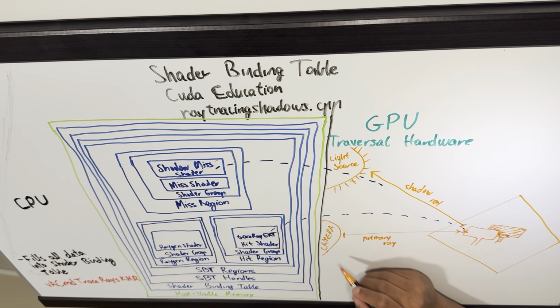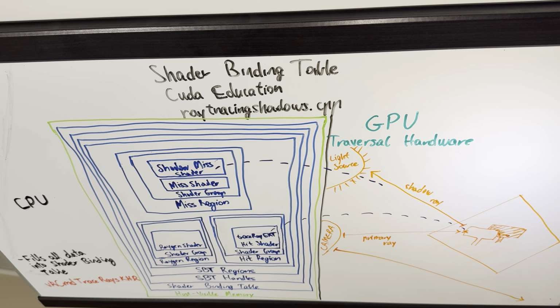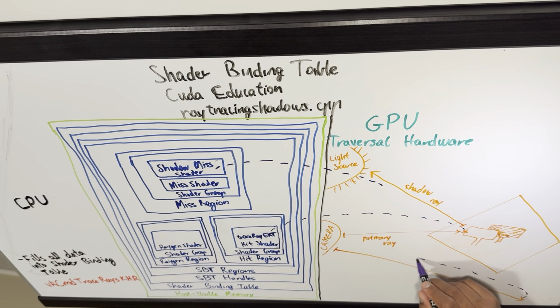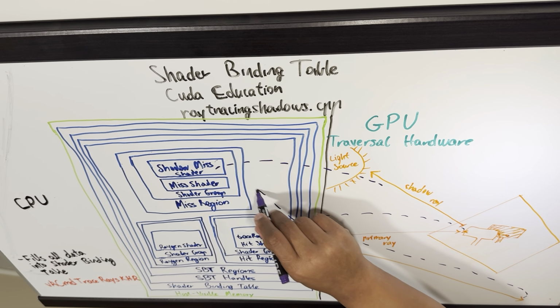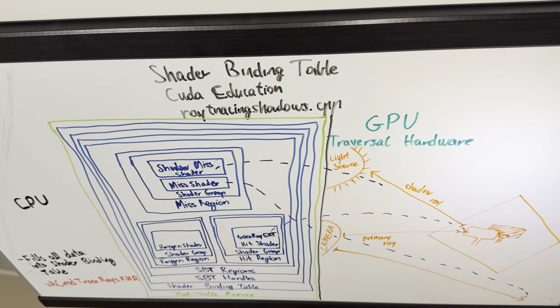Now we also have a ray that doesn't go anywhere. It doesn't hit anything, so it's not activated. This is going to be dealt with by the miss shader.